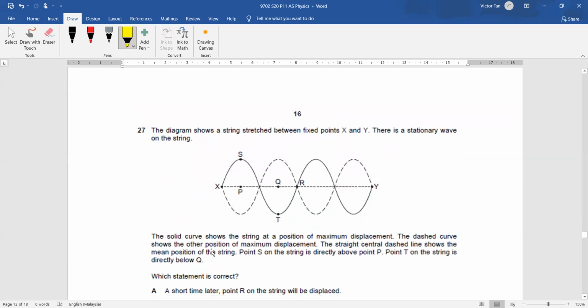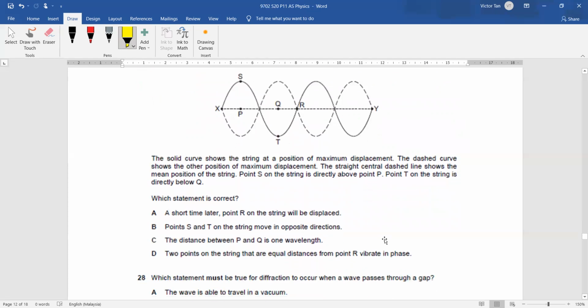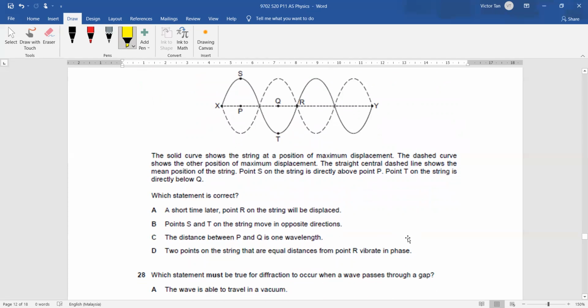The diagram shows a string stretched between fixed points X and Y. There's a stationary wave on the string. The solid curve shows the string in a position of maximum displacement. The dashed curve shows the other position of maximum displacement. The straight central dash line shows the mean position of the string. Point S on the string is directly above point P. Point T on the string is directly below point Q. Which statement is correct? A short time later, point R on the string will be displaced.